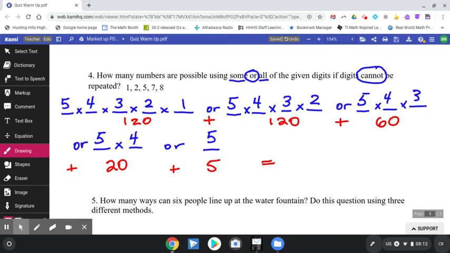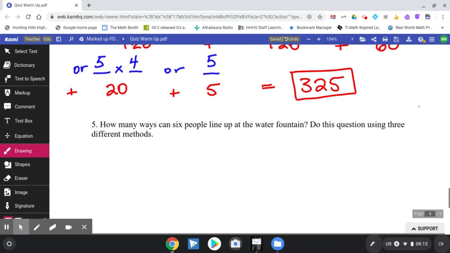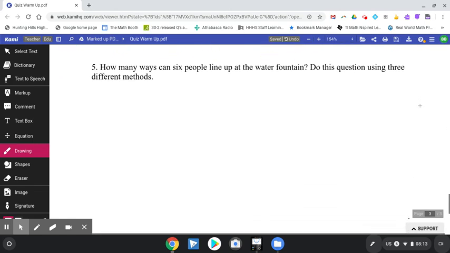So here we've got a grand total of 325 numbers are possible. So remember, something ambiguous where you feel like there's something missing, they didn't give you enough details, it means that there's going to be more than one scenario and you must include them all.